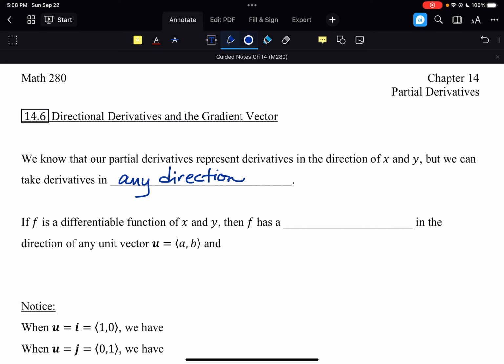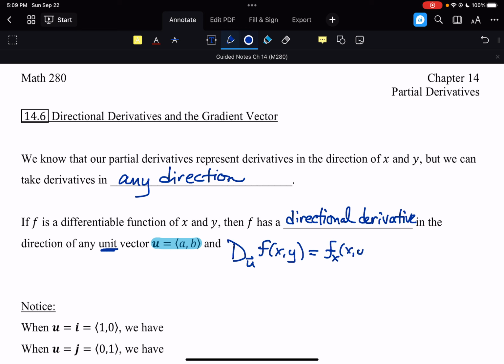So in order to do this, we say if f is a differentiable function of x and y, then f has a directional derivative in the direction of any unit vector u equals ab, and we get D sub u of f of xy equals fx of xy times a plus fy of xy times b.